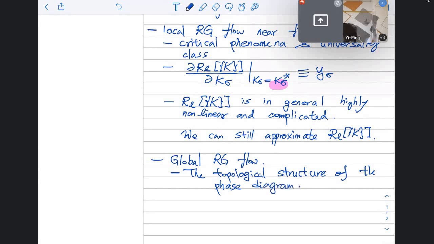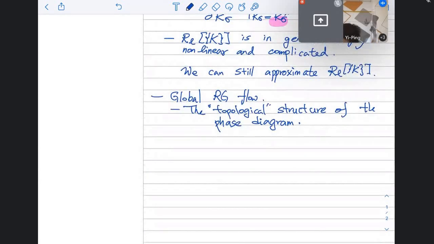Nowadays, the term topological is very popular, so I want to make sure what kind of topology we are talking about. To define topology, you need to define what adiabatic deformation you are talking about. In some coupling space, maybe you have K0 and K1.